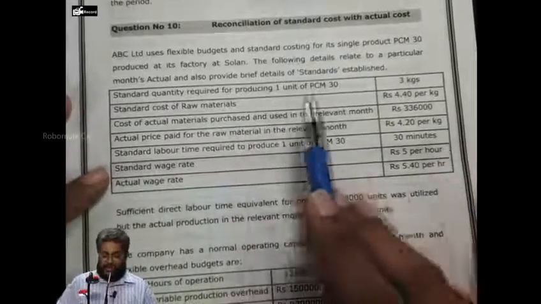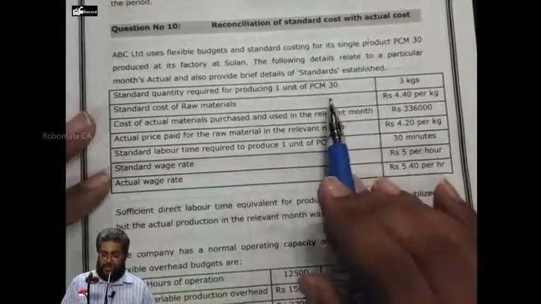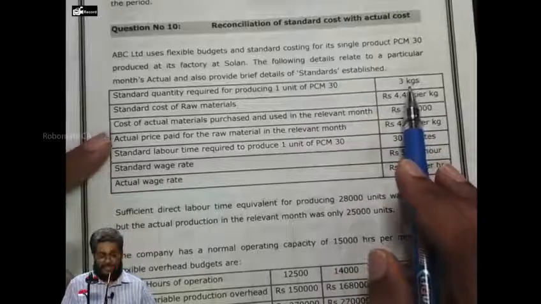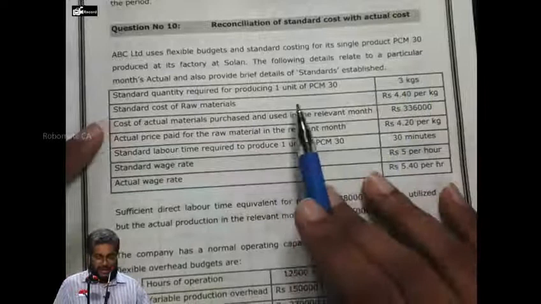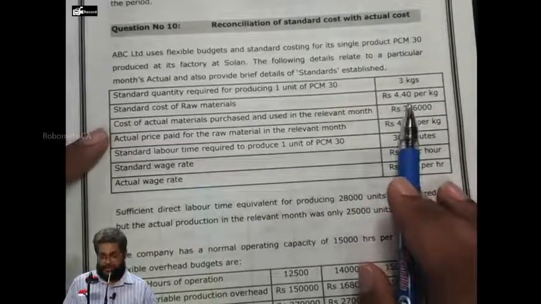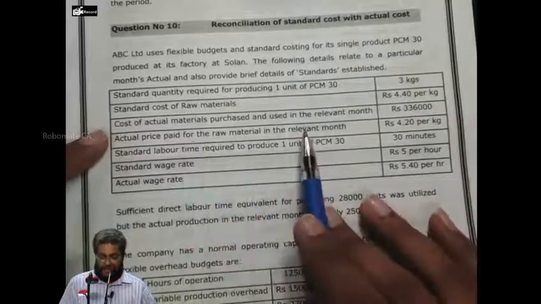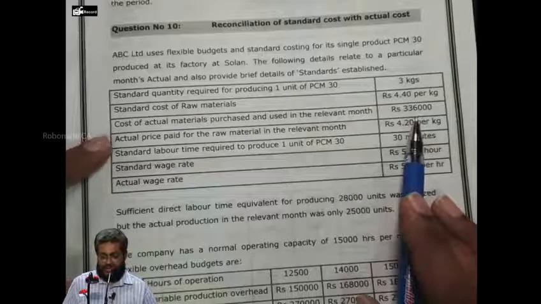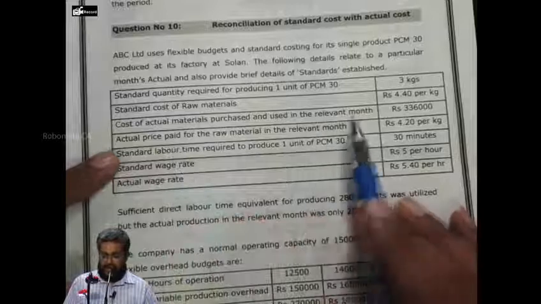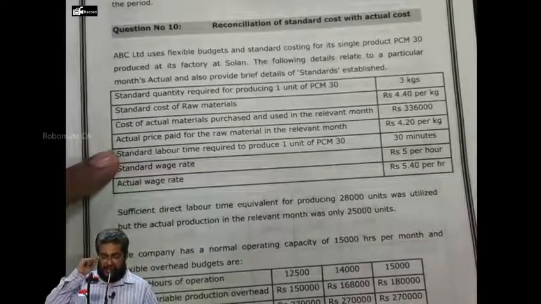Standard quantity required for producing 1 unit of PCM30, 3 kgs. Standard cost 4.4 rupees per kg. Actual material purchase and use rupees 3,36,000. Actual price paid 4.2 per kg.